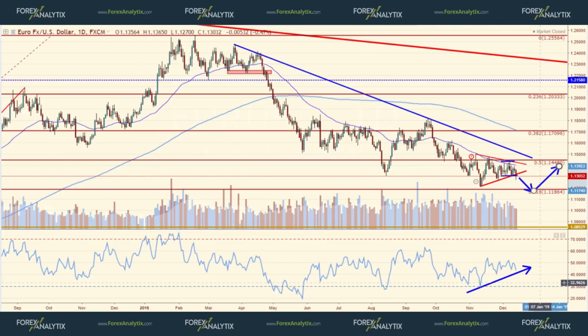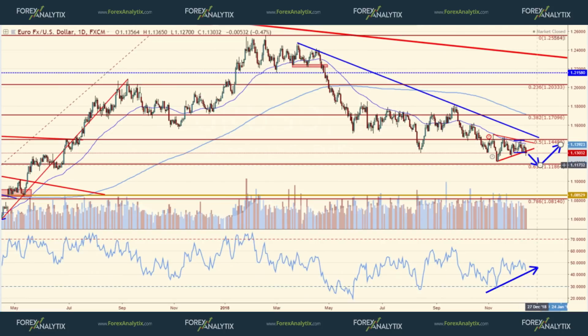Now, obviously, if the Fed is extremely hawkish and we look ahead into 2019 and it seems like the Fed is nonstop going to continue to raise rates, then we might actually blow through this 112 level in the euro dollar, and next thing you know, the euro dollar is trading down towards 110. With this relative strength you'd see it break down and just continue to stay range bound. So those are some risks near term with the euro.